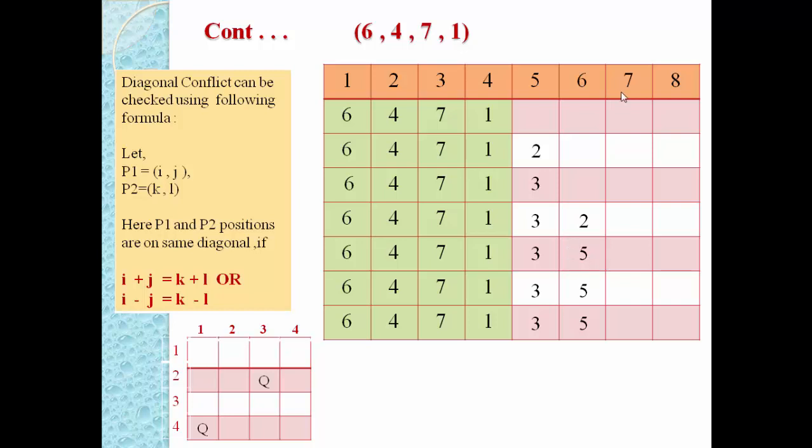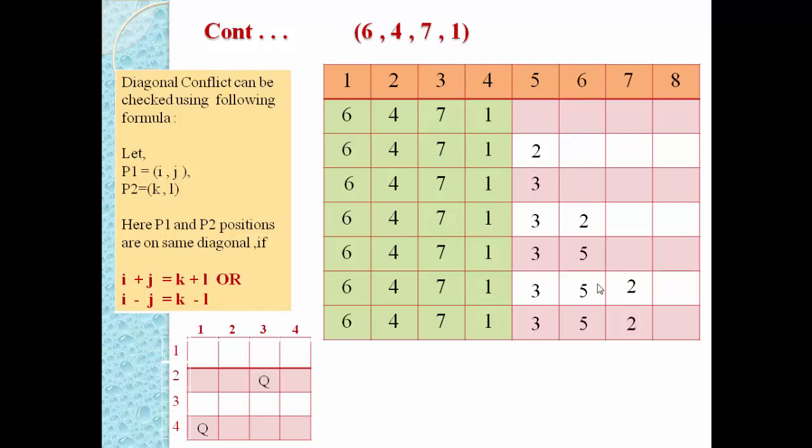Same way, let us place our 7th queen on the 7th row. So we need to check on which column we can place. Here 1 is already occupied, 2 is not occupied, so we can place our 7th queen on 7th row, 2nd column. Again check, 7 plus 2 is equal to 9. Is there any queen with an addition of row and column equal to 9? Just check here.